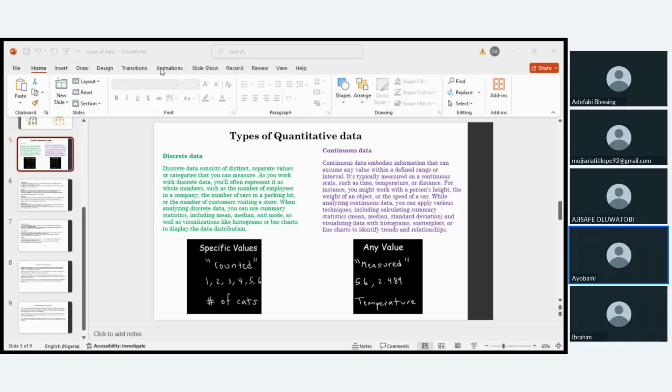When we talk about structured data, they're highly organized, they're easily searchable, and you keep them in spreadsheets or relational databases. Another thing is it follows a strict format, typically in tables with rows and columns. One thing is when you want to take data into Excel to analyze, you take data that are either in numbers or in words.